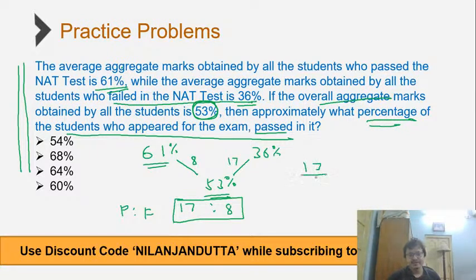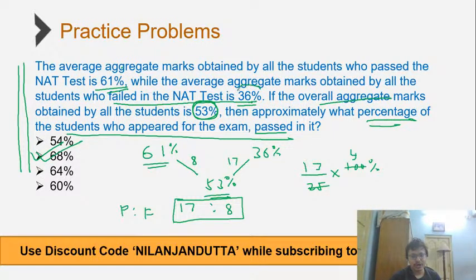So that will be 17 by 17 plus 8, that is 17 by 25 into 100%. So that comes out to be 17 into 4, which is option B, that is 68%. Hence the answer is option B, 68%.